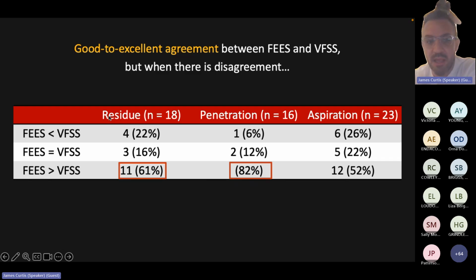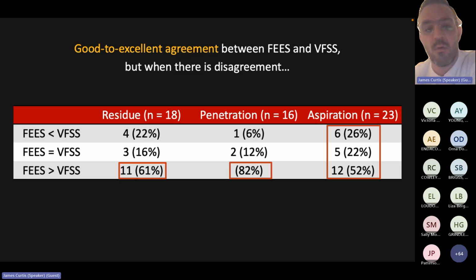In the middle column, we're looking at studies looking at penetration, and here we see a lot more studies seeing that FEES identifies penetration more frequently than fluoro, about 82% of the studies. And here we're looking at aspiration, where about 52% of the studies identified that FEES saw aspiration more frequently than fluoro.